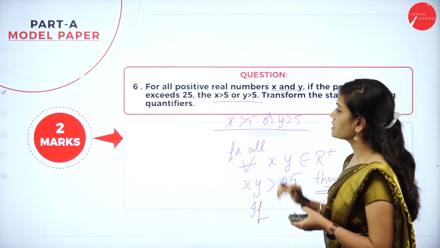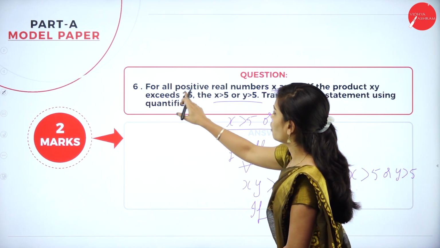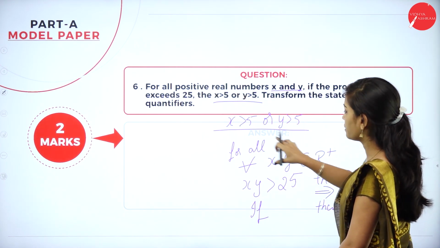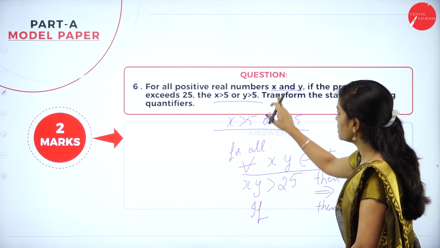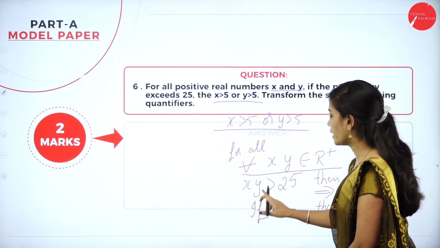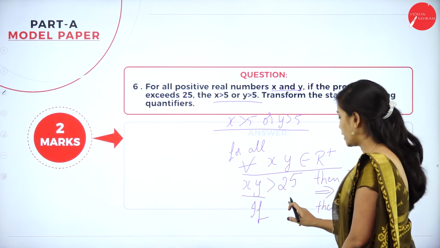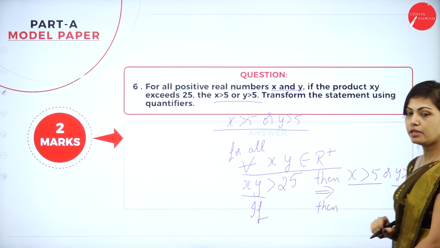This is called the quantifier statement. So I'll repeat this. For all positive real numbers can be represented by the symbol ∀, positive real numbers x and y. If the product xy exceeds 25, then x is greater than 5 or y is greater than 5.